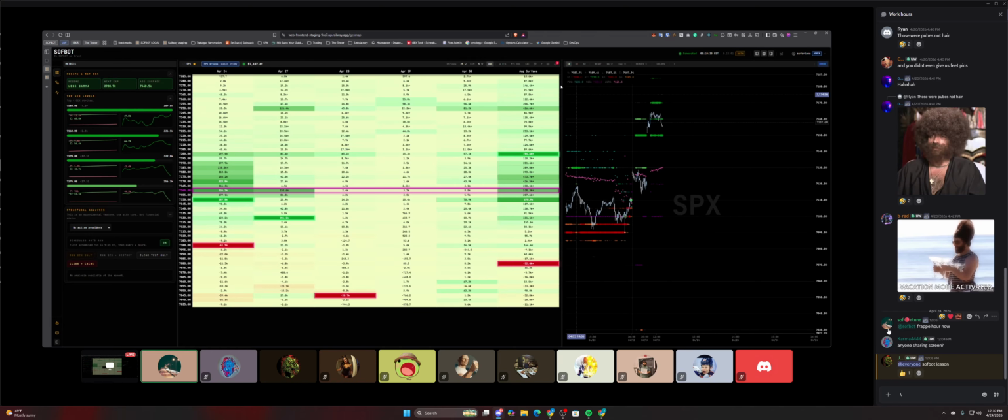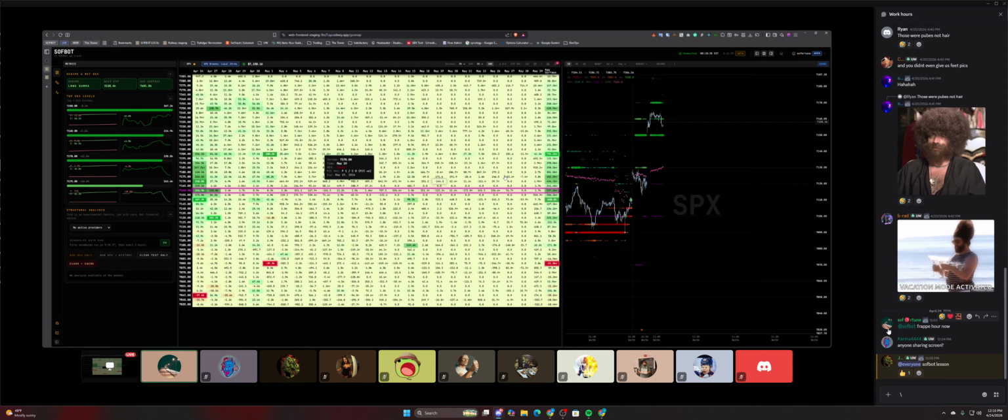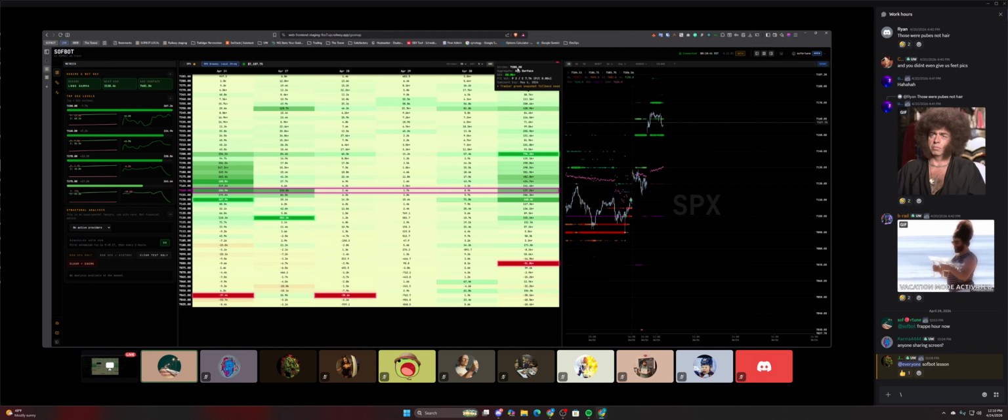It looks at every single expiration. In this new version, you can increase the number of expirations if you want to see further out. But more easily, you can just highlight over here and see the dominant expiration. Let's look at this 7250, for example.